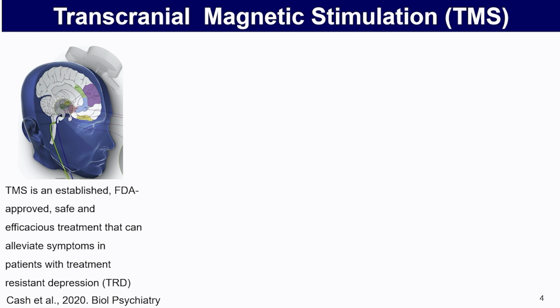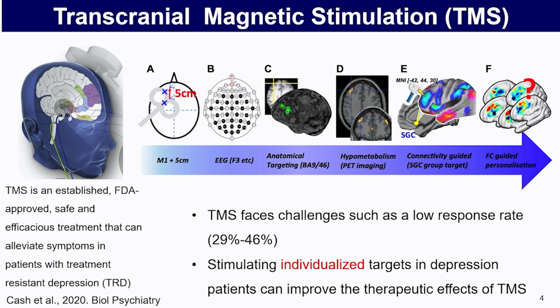And Angel already demonstrated how we can use TMS to better stimulate the brain. Here are the slides. Angel already showed you that what is mostly used in current practice is the 5 centimeter rule, going from the motor area and 5 centimeters forward. It's pretty imprecise.